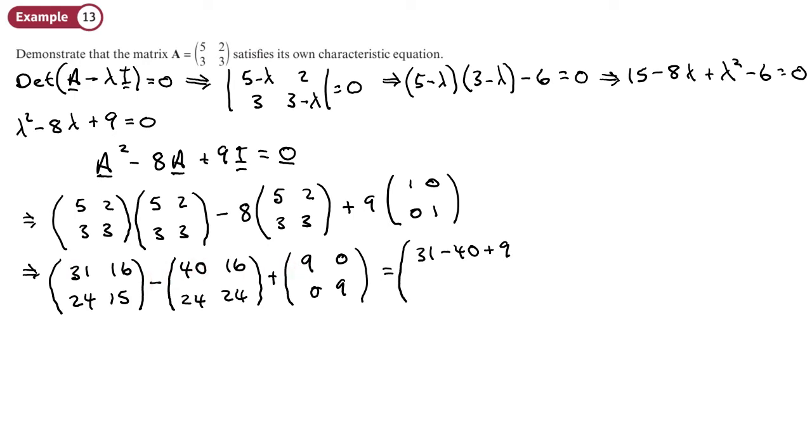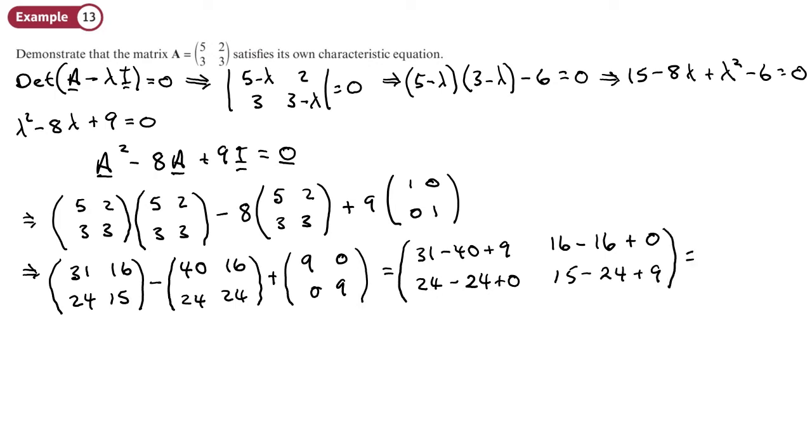For the second element, that's going to be 16 minus 16 plus 0. The third element is going to be 24 minus 24 plus 0. And then the last element is going to be 15 minus 24 plus 9.